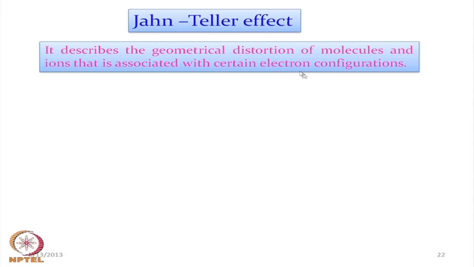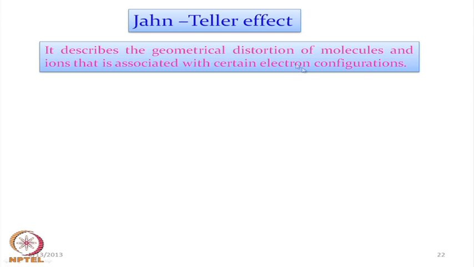So, the electronic configuration will now dictate the corresponding distortion. Just now we have seen that a particular type of geometry can distort the molecule, and the ordering of the different d levels for the electrons changes. But now we find that the differential occupancy of these levels can also distort the structure. So, this is a reverse effect.